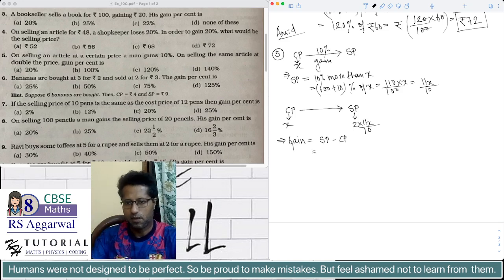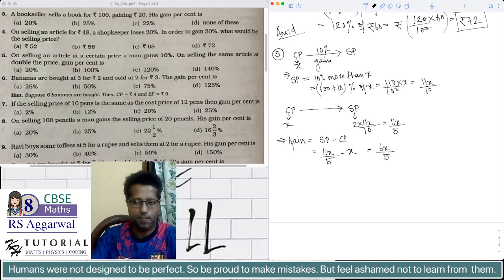This 2 times 11X by 10 becomes 11X by 5. So the current SP is 11X by 5, and the cost price is X. This is the gain when the selling price is 2 times the previous one, and it is 6X by 5.